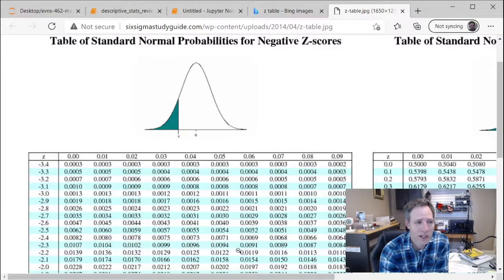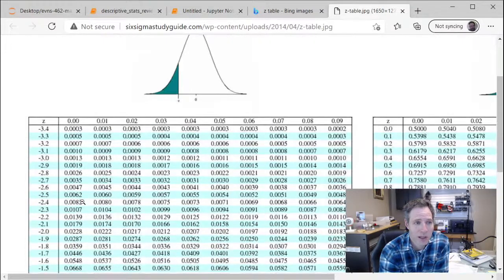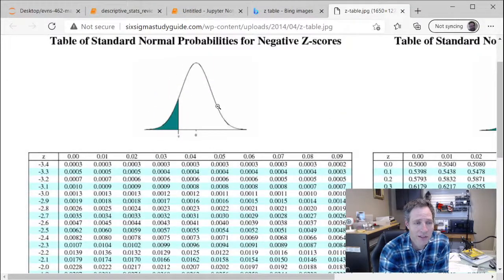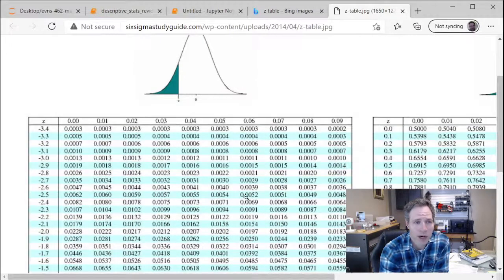The numbers here are the probabilities, the areas under the curve to the left of each of these z-scores. So if you have a two-tailed case, you have to take these probabilities on this chart and double them. If we're after the alpha equals 0.05 significance level, the value we're actually looking for on this chart is not 0.05 but 0.025, because it would be doubled in the case where you have two tails.